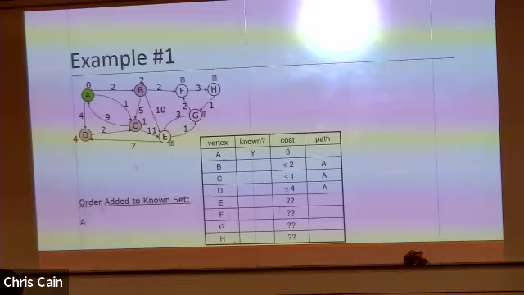So we set A to visited or known, and now we can fill that in as green, and then any edge that we have from A outwards, we're going to fill in the cost. We don't know for sure whether the cost to B is 2, C is 1, or D is 4 yet.